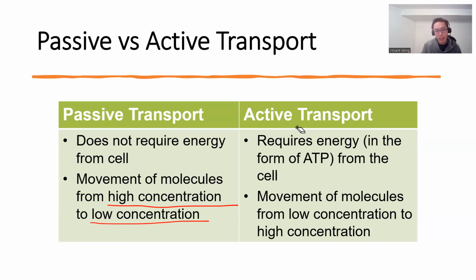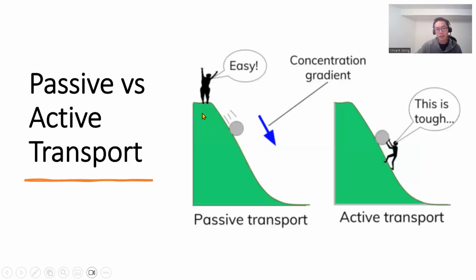On the other hand, active transport requires energy in the form of ATP, which we've learned already, and it moves molecules from low concentration to high concentration. It's the opposite. It's easier to visualize with an analogy. If you are on top of a hill, the ball will roll down on its own.